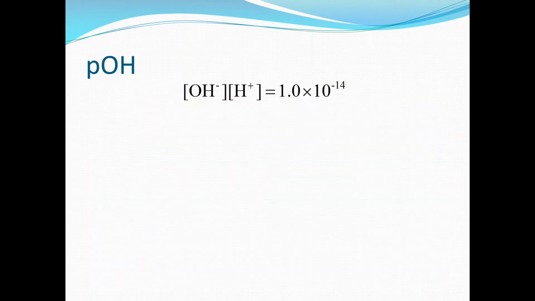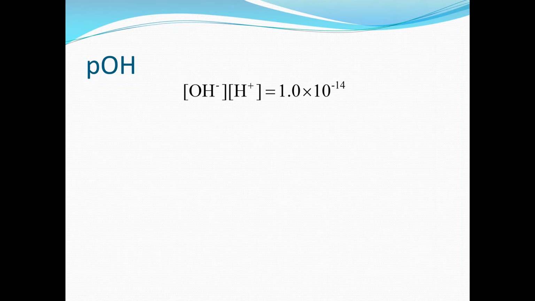So we're going to look at another thing that we can define that allows us to do some calculations very quickly. And so again, this p notation here simply means negative log. Okay, so if we're talking about the pOH, probably you can guess we're talking about the negative log of the OH minus concentration. So if we start with our Kw expression, again, Kw is going to be hydroxide ion times hydronium ion concentration.